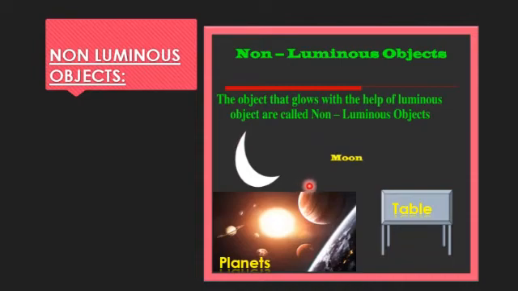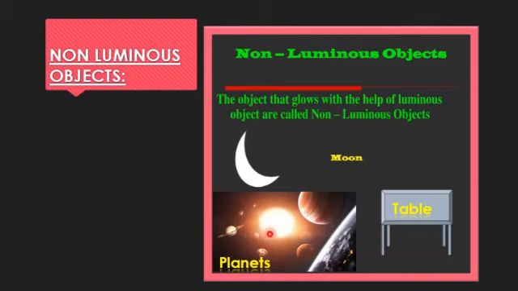But dear students, the moon and other planets are not luminous, they are non-luminous objects. They only give light due to a luminous object, and the luminous object over here is the sun. When sunlight falls onto these objects, it is reflected back. Reflecting means bouncing back.